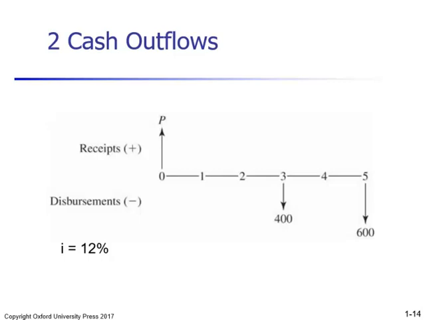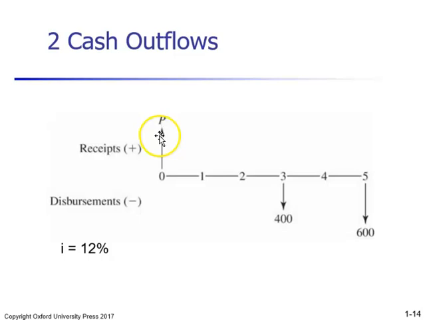Okay, now let's make it a little bit more challenging. Now in this case that you see in front of you, you have a receipt. Since it is a receipt, the arrow is upward.